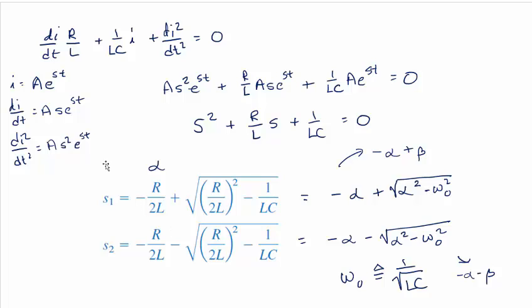So we have these two roots right now, and we said that our solution for the current is going to be in the form of a e to the st, but we have an s1 and an s2. We have two different roots to this equation. So in reality, there's no reason why it can't be a solution of the form I1 plus I2, because they're linear combinations.